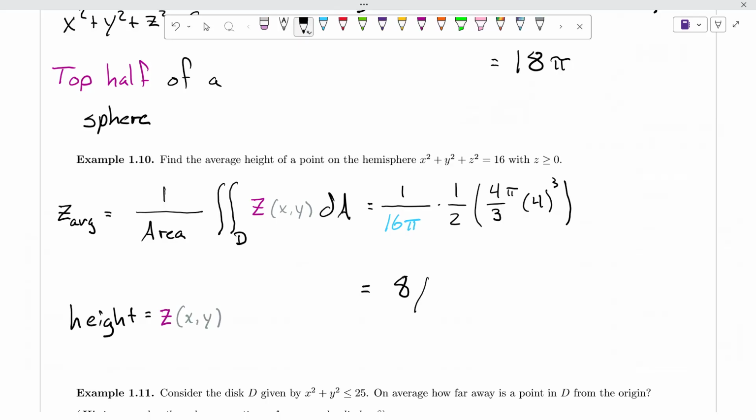And that 3 never went away. So 8/3. Which, as a fun little thing to point out here, that's 2/3 times 4. You can look that up later if you want to.